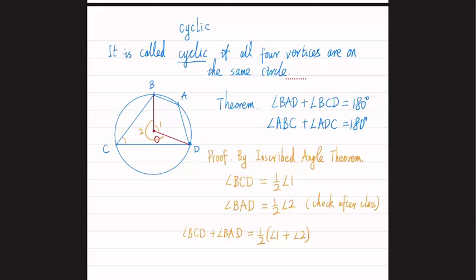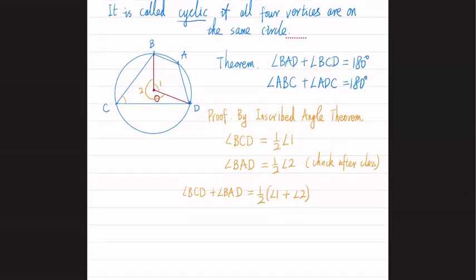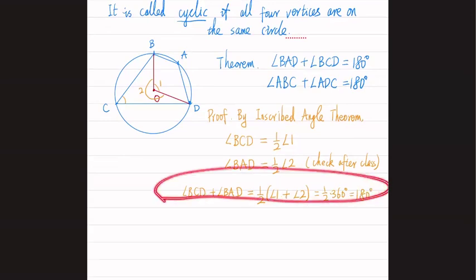It's 360 degrees. So angle BCD plus angle BAD is 360, so this is the total angle. This will be 360, which is one half, 180. So this completes the proof of the first equation.